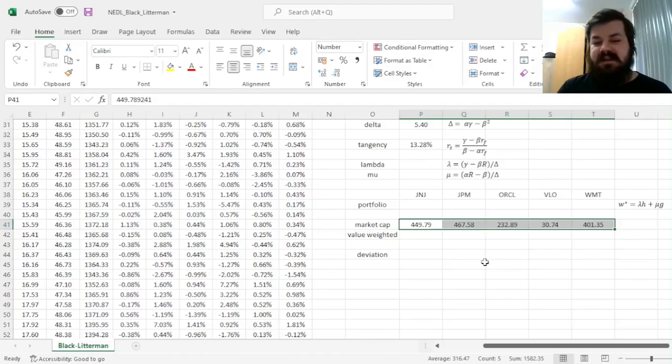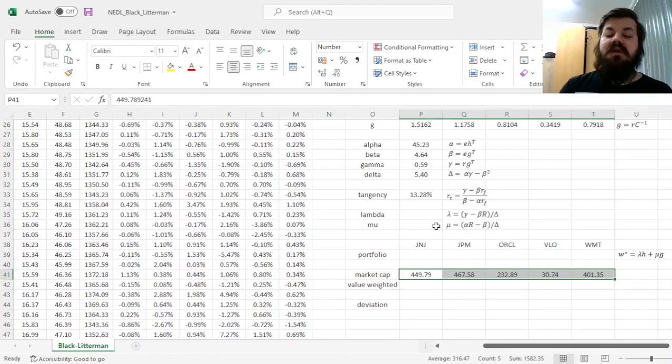So let's see how consistent our tangency portfolio given CAPM returns is when we compare it to value weights in a market cap weighted portfolio. To do that, we need to weigh H and G vectors according to the lambda and mu constants, which effectively weigh the minimum variance portfolio and the zero risk-free tangency portfolio together to arrive at the tangency portfolio for a given risk-free rate.